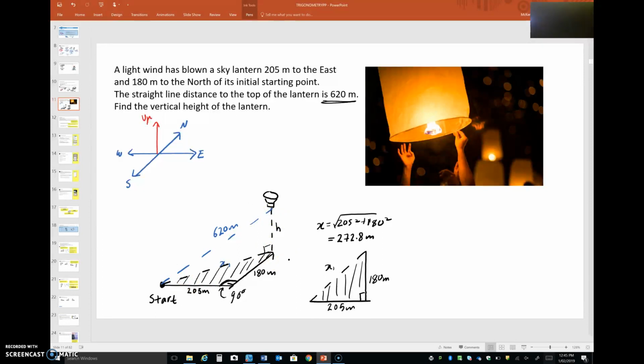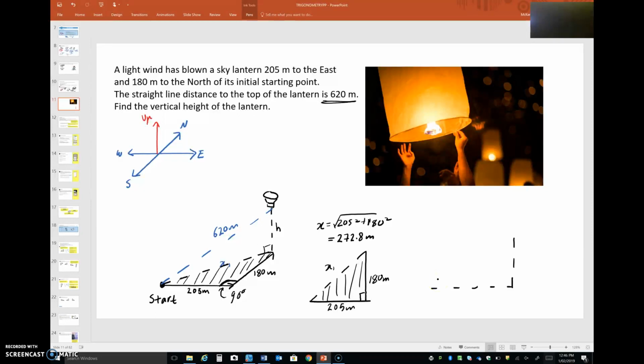Okay, so I'm going to draw this so the height of the sky lantern here, that black dotted line, and then the x1 along the bottom there.